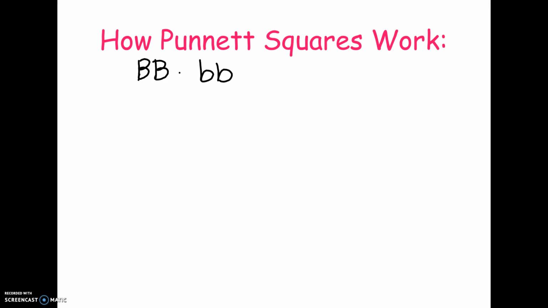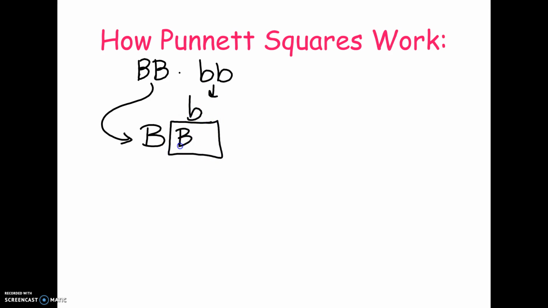I don't need 4 boxes. This parent, I'm going to represent what are the possible things this parent can give. They can only give a big B. What can this parent give? They can only give a little b. You literally need 1 box. 100% of the offspring are going to come out big B, little b. Will you get the same answer if you do a 4-box Punnett square?